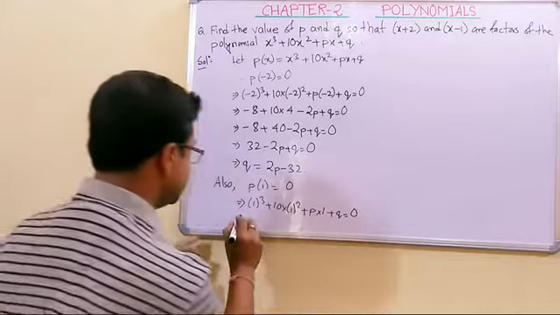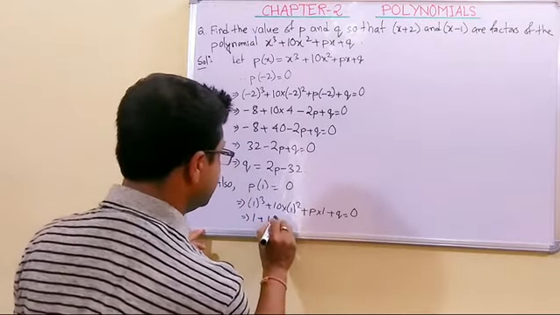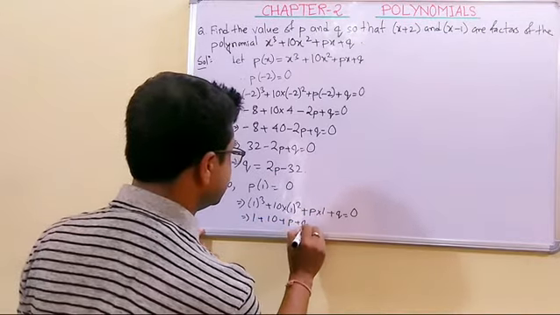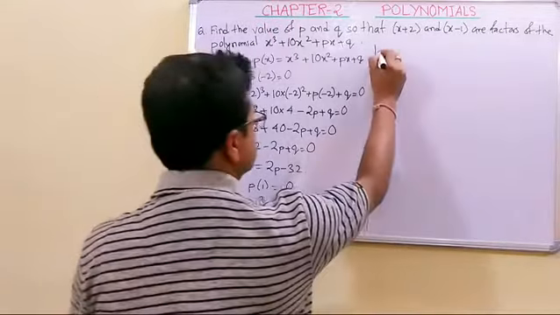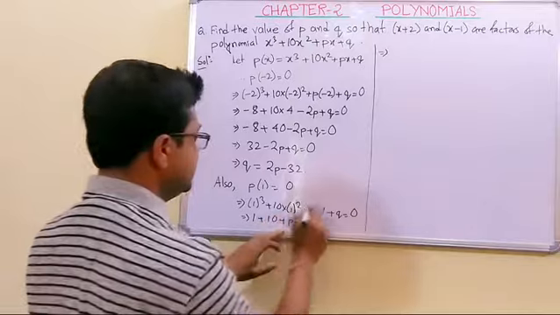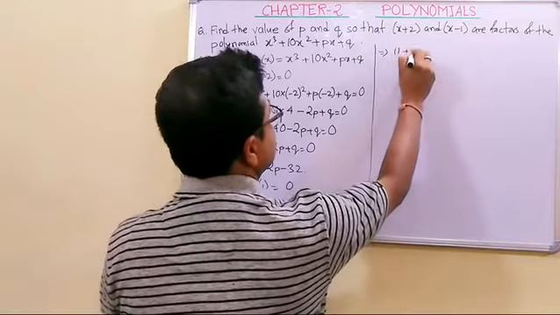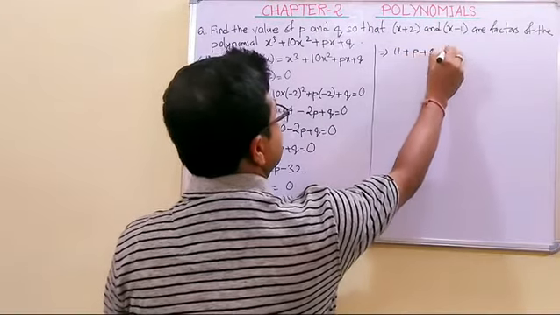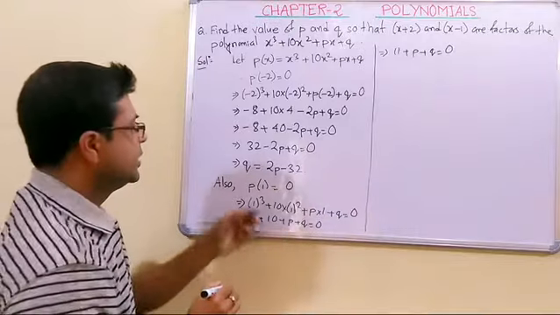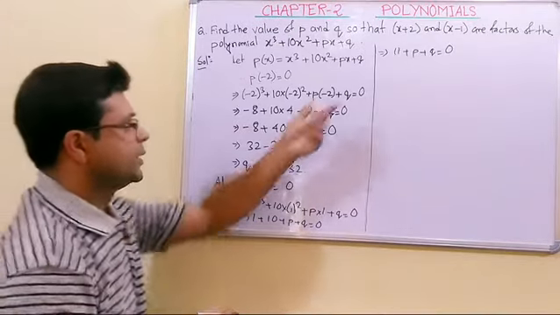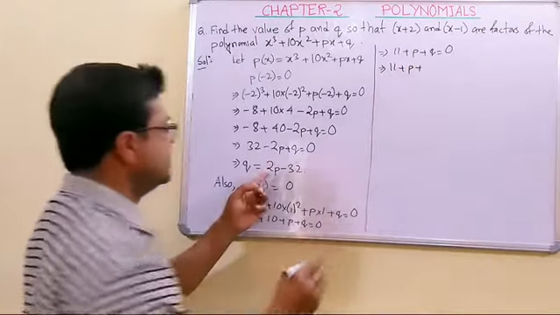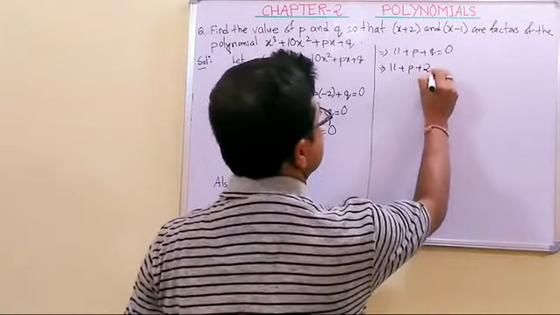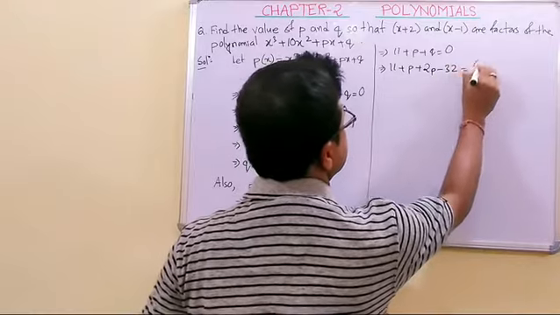Got it, student? So this is 1, this is 10, p plus q is equal to 0. Now from here we get 11 plus p plus q equal to 0. Got it? Now what we do, we shall substitute q here. 11 plus p, q equals how much? 2p minus 32. 11 plus p plus 2p minus 32 is equal to 0.